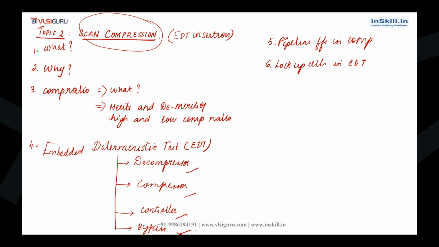You'll have four components within that EDT logic, like the compressor, controller, bypass logic and so on. We will try to understand the structure of each component and what role it plays in scan compression, and then the pipeline flops in compressor and lockup cells in EDT.